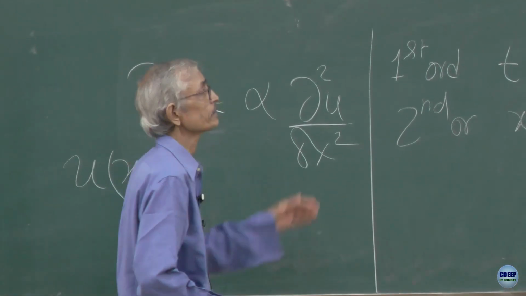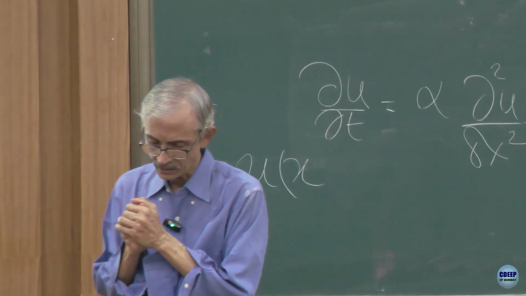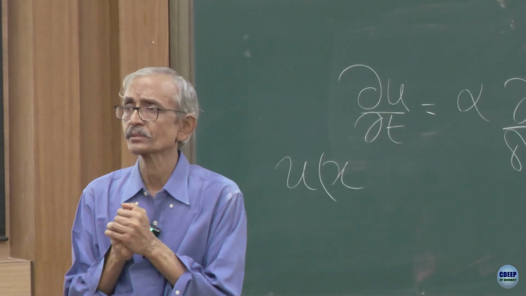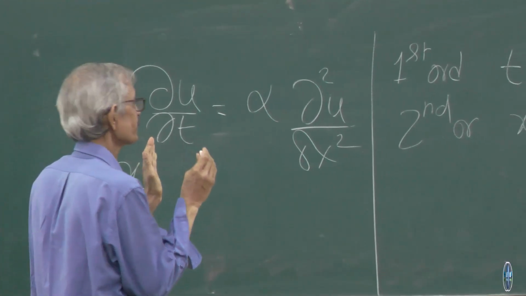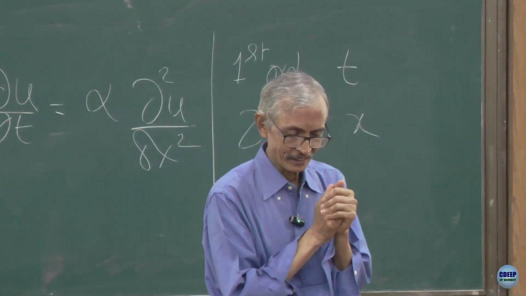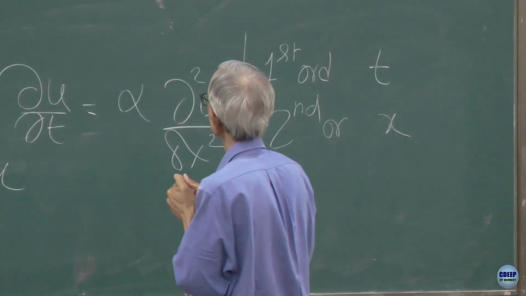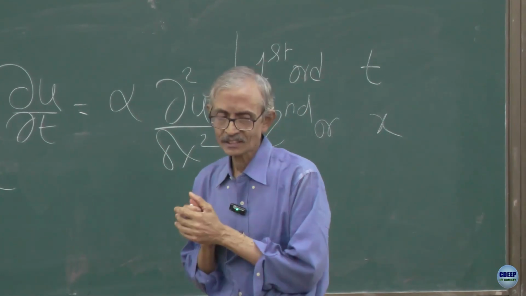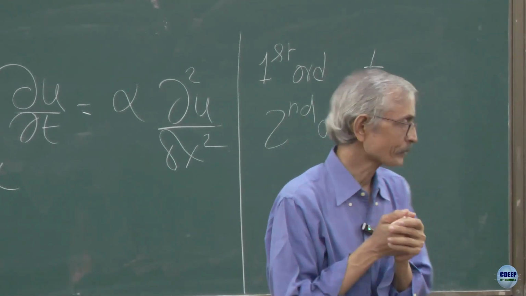So that's the domain that we have. We are not going to derive this heat diffusion equation. That's not the purpose of this particular course. We'll assume that that exists, and in another particular course you may go ahead and derive it and see that something like that is going to show up. In this course we are only interested in trying to get what the solution of this equation looks like.